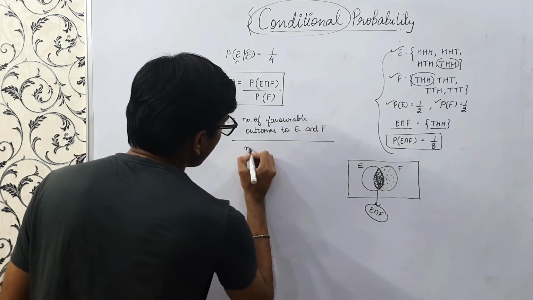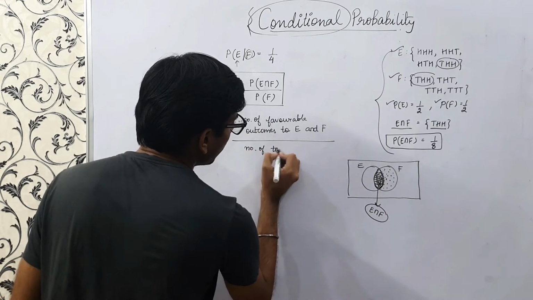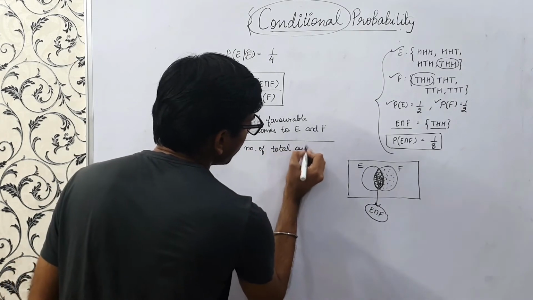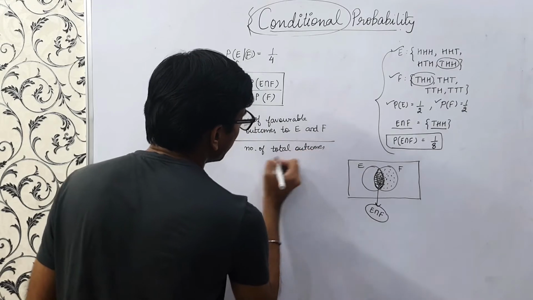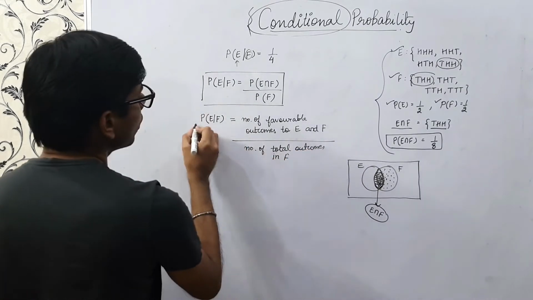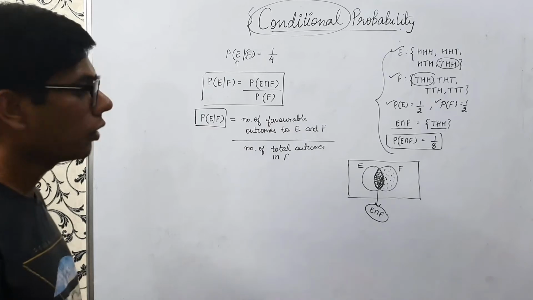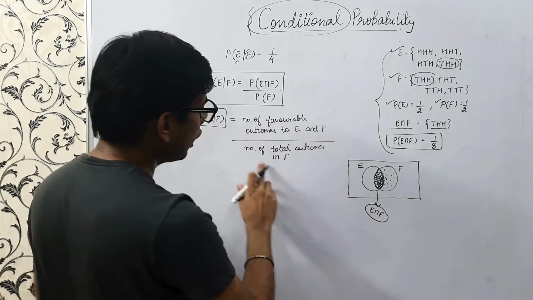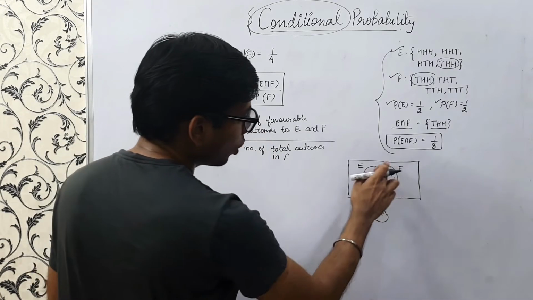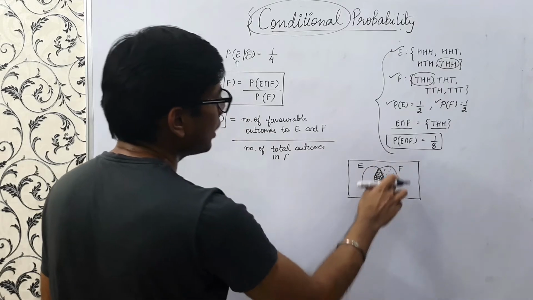And in the denominator, the number of total outcomes in F. So this will be the probability of E given F.